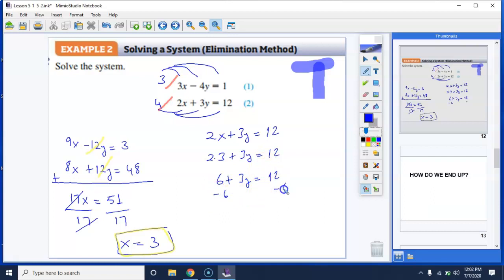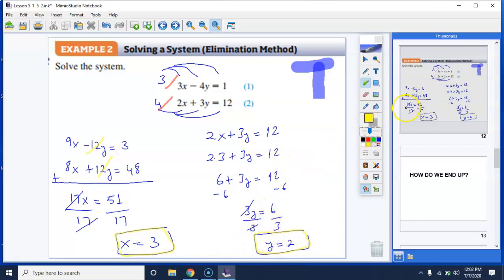So subtract 6, 3y equals 6. If we divide both sides by 3, those cancel each other. Y should be equal to 2. So the answer of this system of equations is x equals 3, y equals 2.